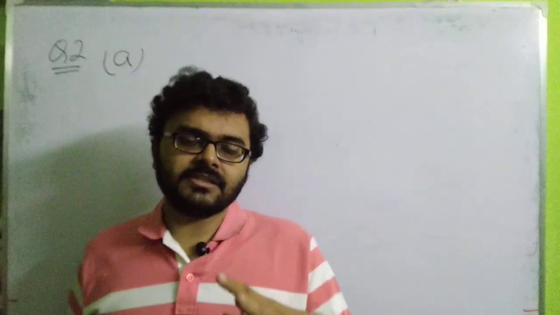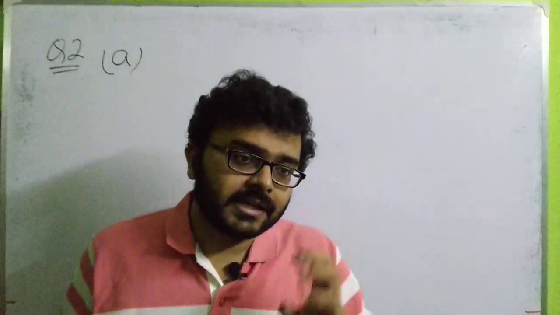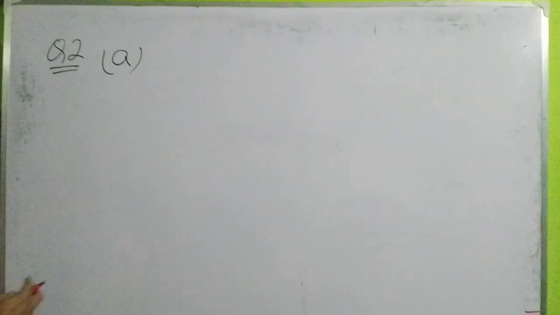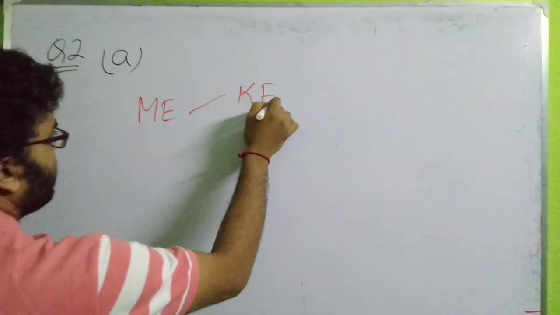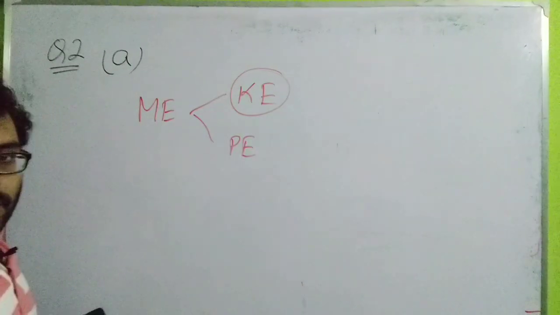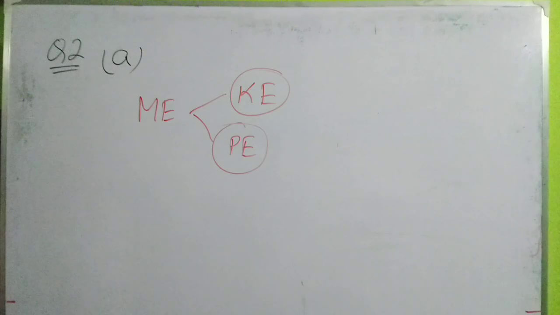Due to that rest or in motion condition, every body possesses some energy that can be regarded as mechanical energy. Now mechanical energy has two forms, kinetic energy and potential energy. Kinetic energy is the energy associated with the motion of the body, whereas potential energy is the energy associated with the rest condition of the body.